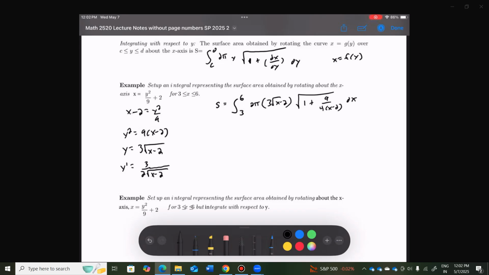Alright, so here we can keep going. 3 to 6, 2 pi, 3 square root of x minus 2, and then 4 times x minus 2 plus 9 over 4 times x minus 2. Just find a common denominator there.